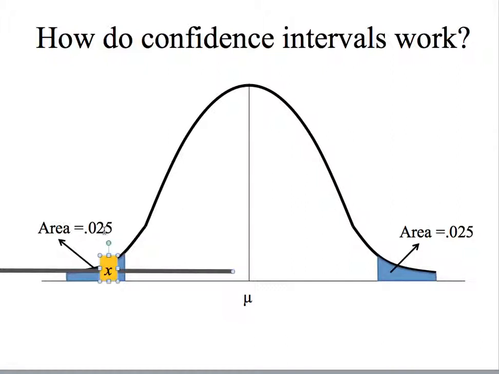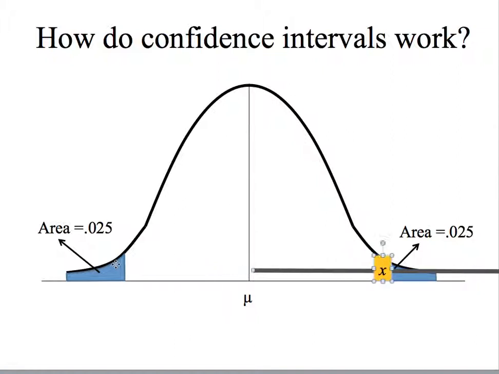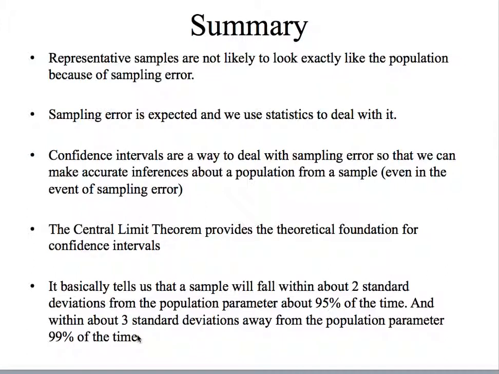Only in 2.5% of all the samples that we take, we're going to have a sample mean so low that the population mean is not in the confidence interval. And similarly, only in 2.5% of all the samples, the sample mean is going to be so high that the population parameter is not going to fall in the confidence interval.